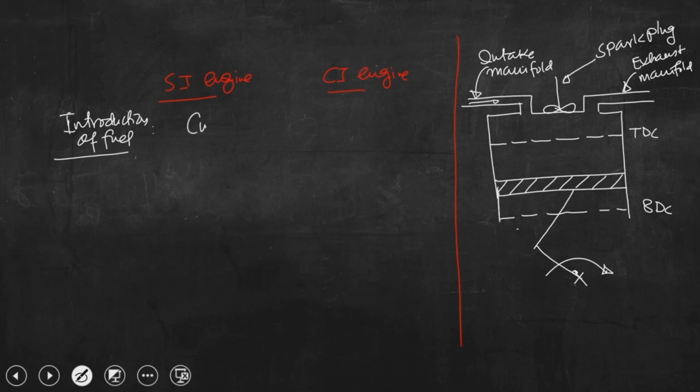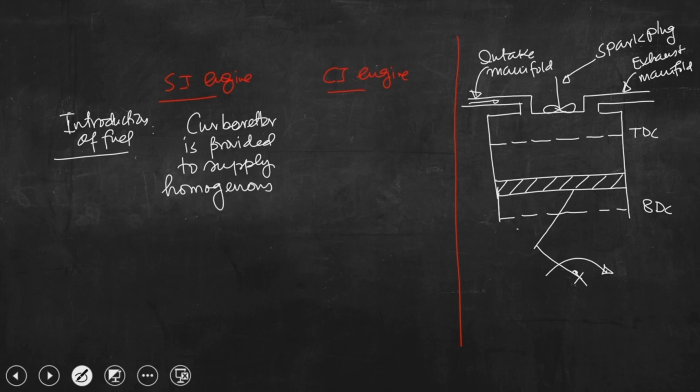So, the carburetor is provided to supply a homogeneous mixture of air and fuel.